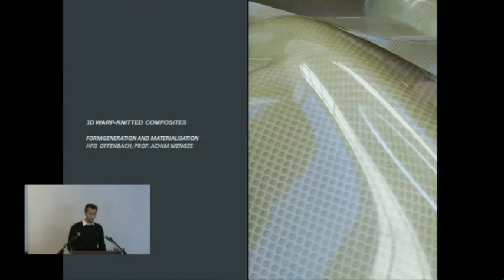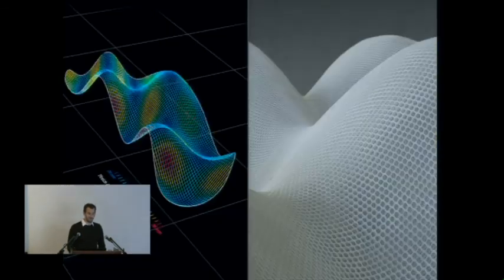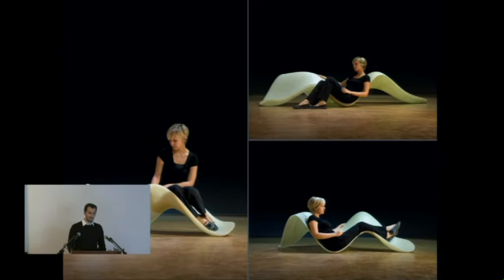For example, we have worked quite a bit on composite materials and have developed design environments and design tools for exploring the particular behavior of 3D warp-knitted textiles, which in this case led to the design and production of a series of monocoque furniture pieces that are all based on the specific behavior of the spacer textile and thus don't require elaborate molds.